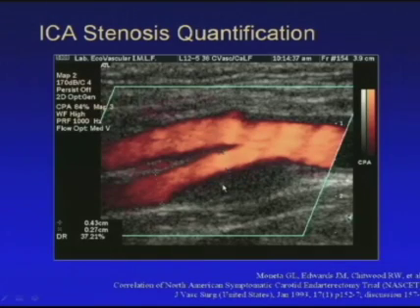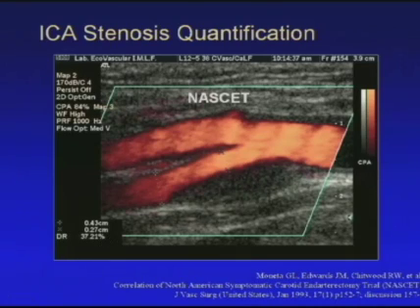Let's see some examples here. This is a soft plaque, an important soft plaque, located in the posterior wall of the bulb. This is the North American method. Here is the residual lumen. This is the normal distal lumen of the vessel. Here the computer offered the formula. It's not necessary that we calculate them.